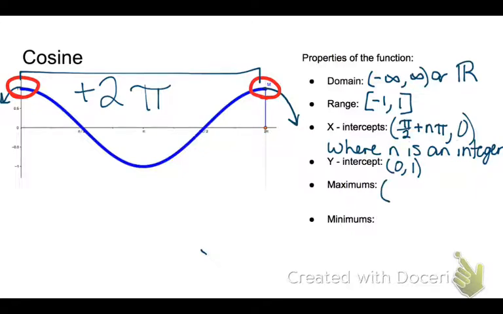So our maximums happen at 0 plus 2 pi n, 1. And we have a similar notation to that of the x-intercepts, so we need to indicate where n is an integer.